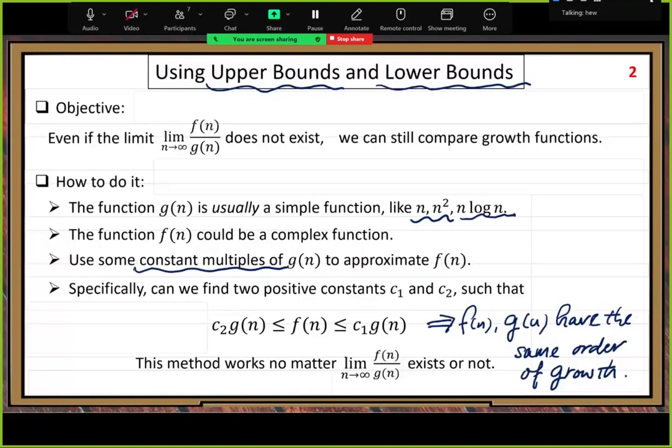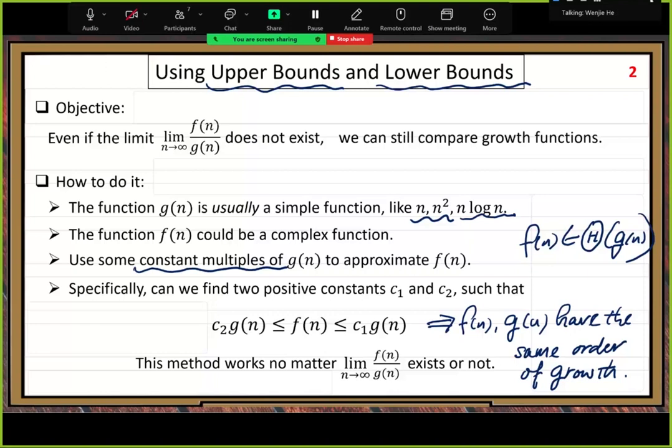And if we use the asymptotic notation from the previous slide, we can write that the f function belongs to big theta of the g function: same order of growth in this way. So let me summarize a little bit.